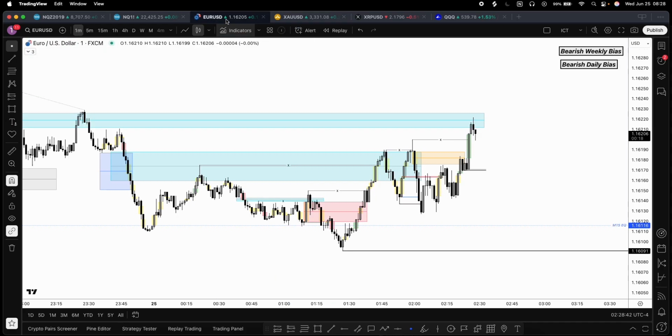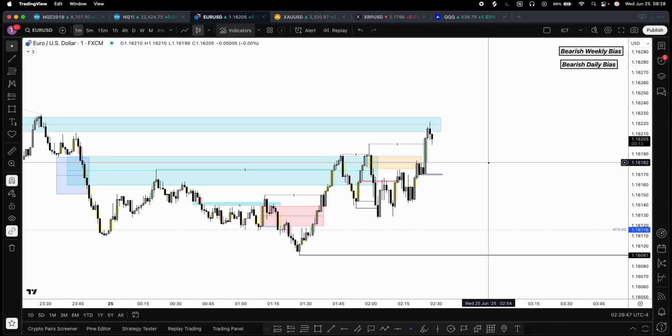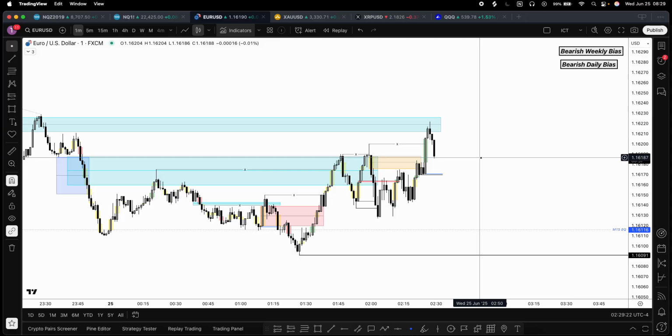Just look at gold. So basically, if we were short again, it would be basically just the same idea, just a re-entry.